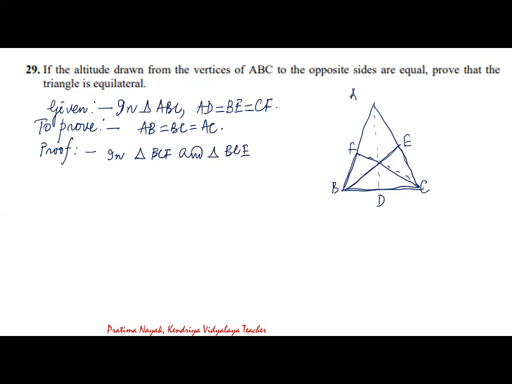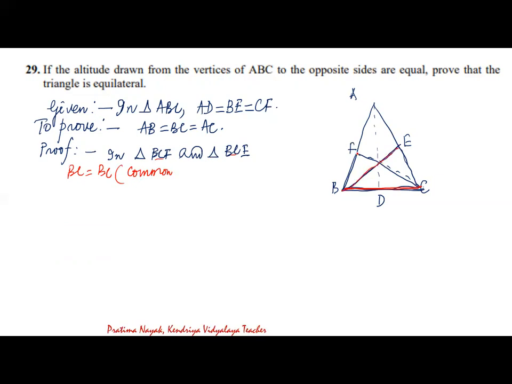How to prove congruent? BC is clearly visible, that is common to both. BC is part of both the triangles. So I'll write BC is equal to BC because this is common.